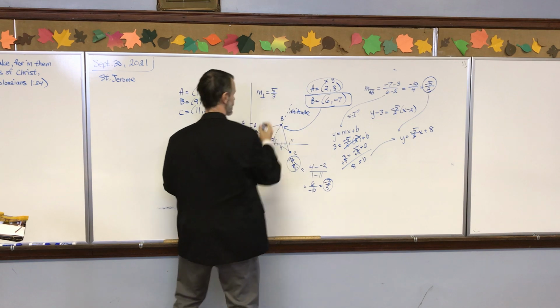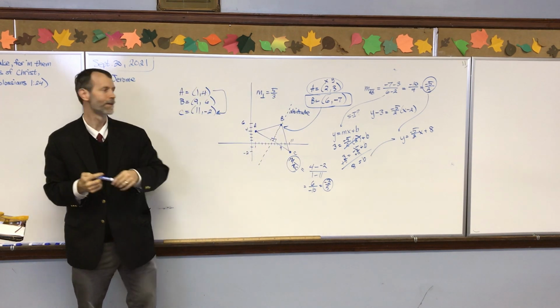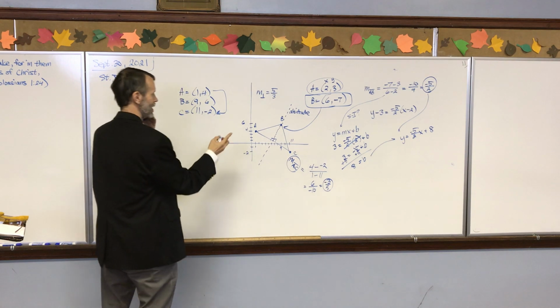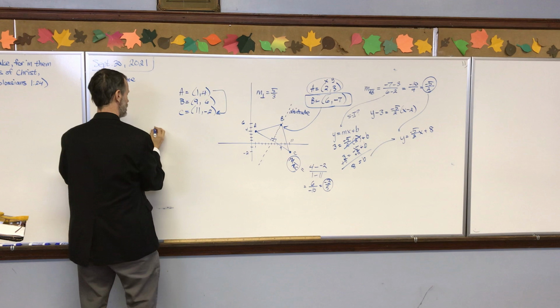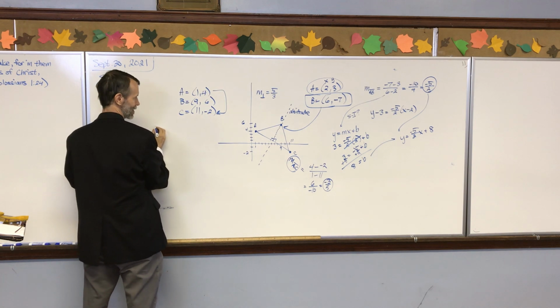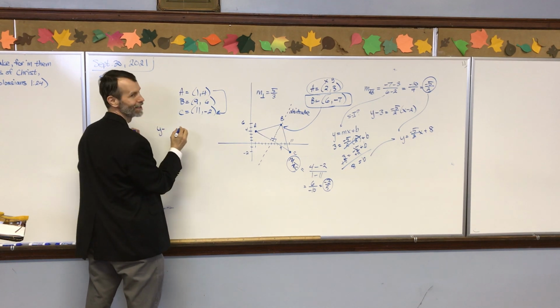So can somebody give me the final answer going through point B, and you've got your new slope. New point slope would be good. So that's y minus 6. That's the x.